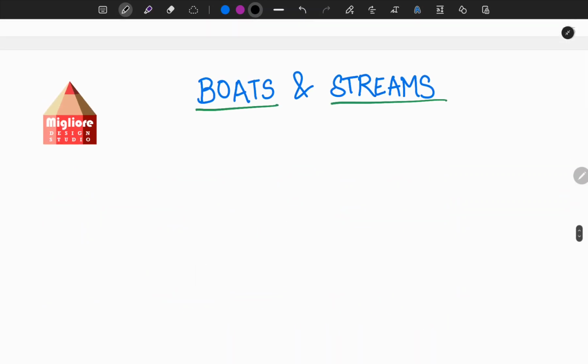So now let's move on to the concept of relative velocity using boats and streams. Let's assume that u is the speed of the boat in still water.